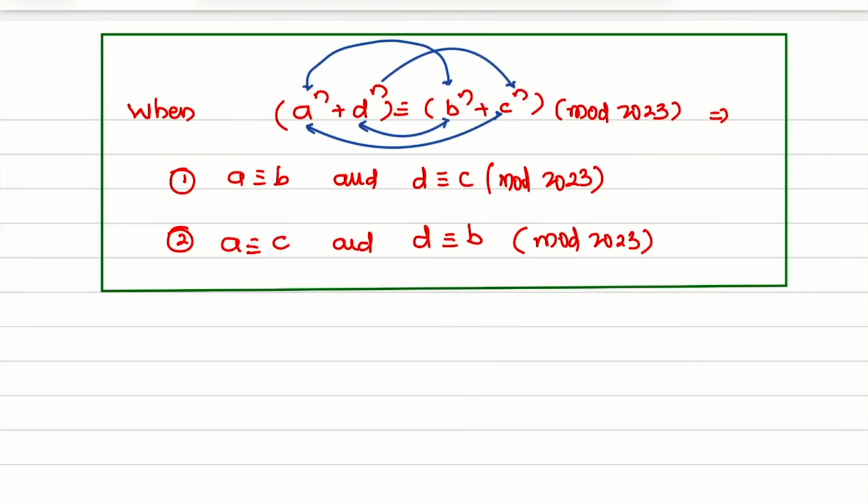One is A equivalent B and D equivalent C mod 2023, and second is A equivalent C and D equivalent B mod 2023.